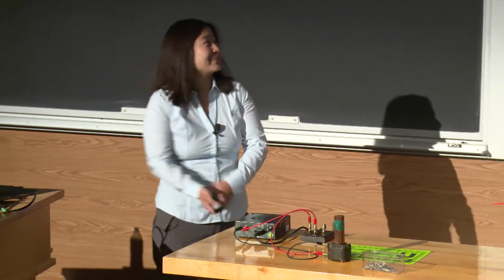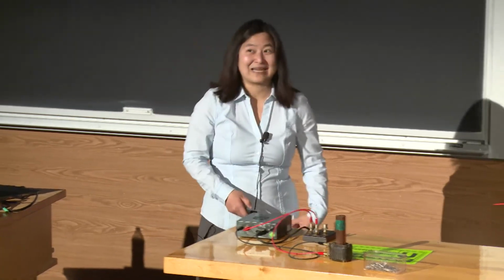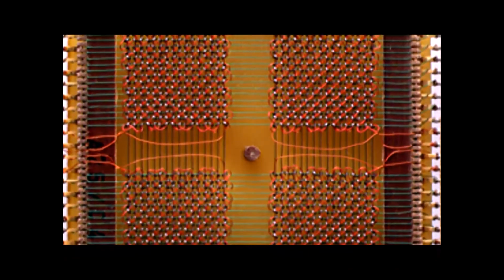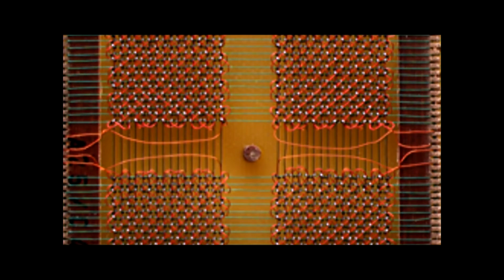I wasn't really familiar with magnetic core memory, so I looked up how it works. This is an image of magnetic core memory. If you zoom in, you can see that it consists of magnetic cores surrounded by loops of wire.